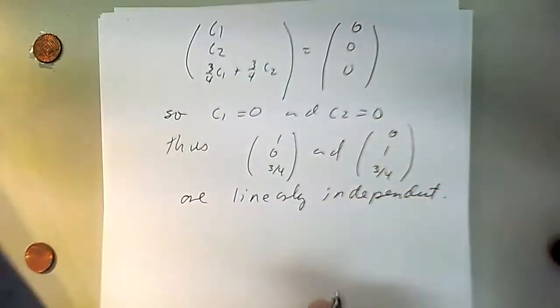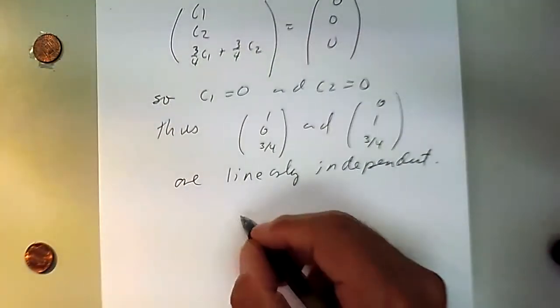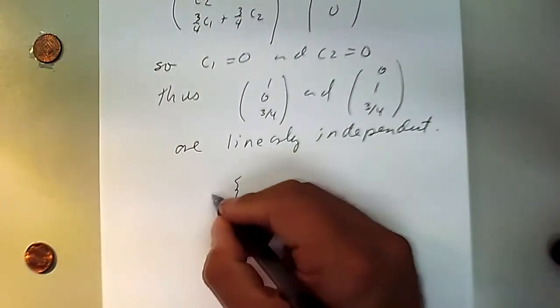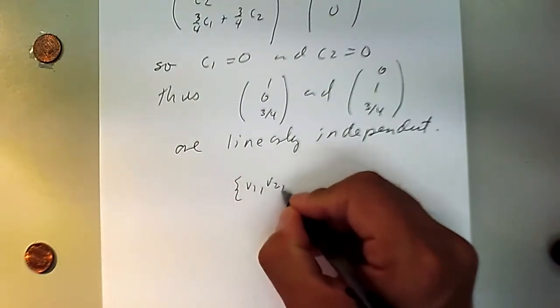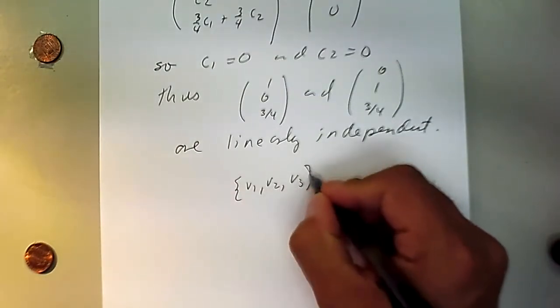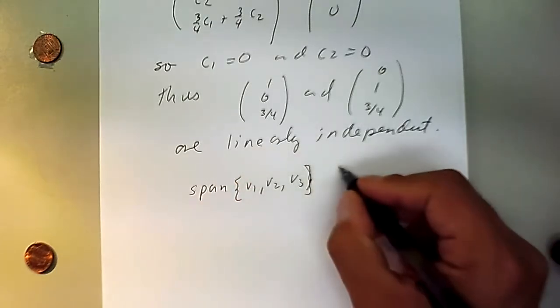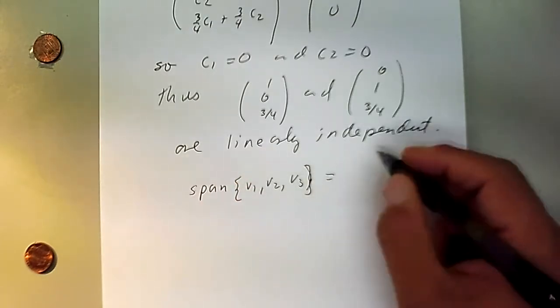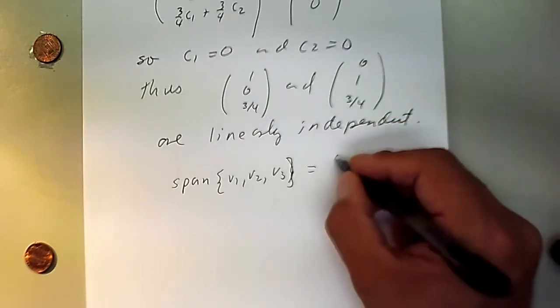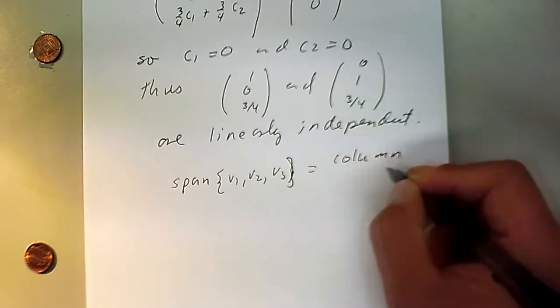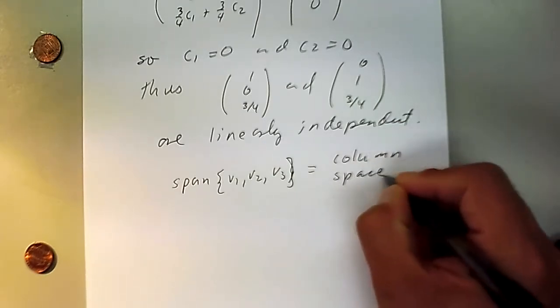Okay, so V1, V2, V3 are going to generate the column space of the matrix.